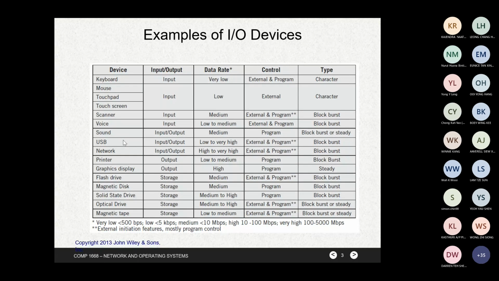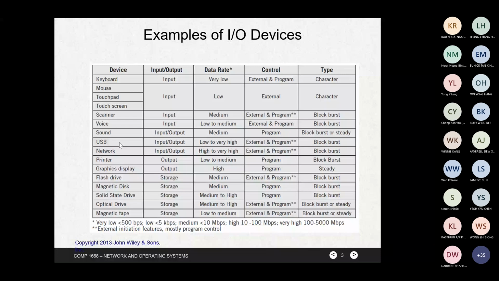If you are referring to the USB port itself, then it can be considered an input port. But if you are referring to the USB storage, then it is a storage. But in this particular line, they are referring to the port, the USB input and output port.